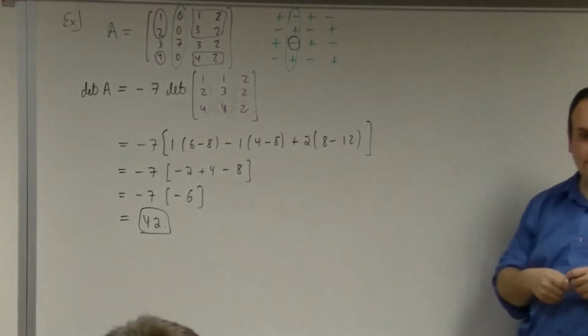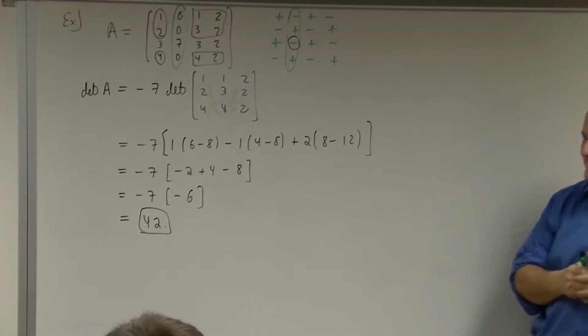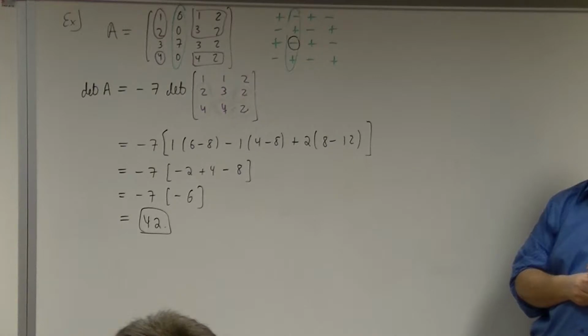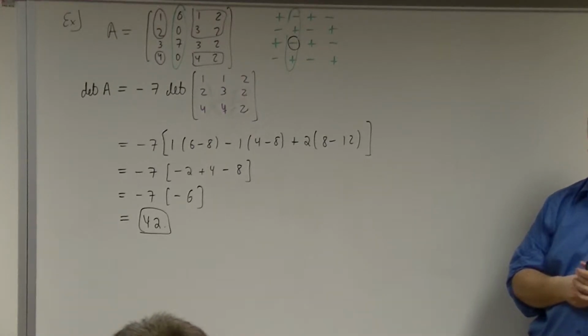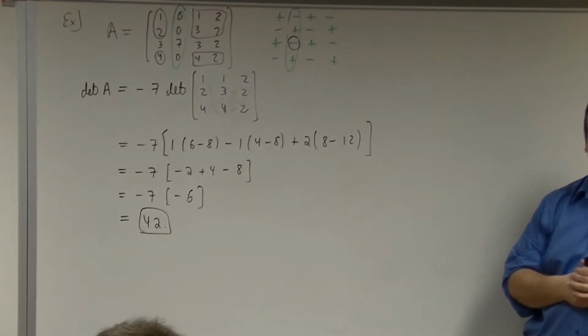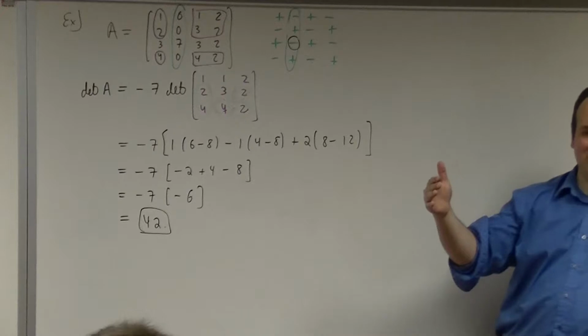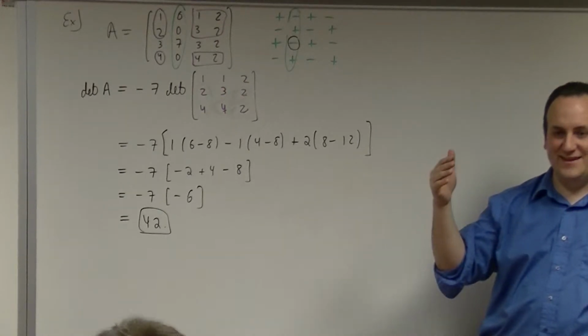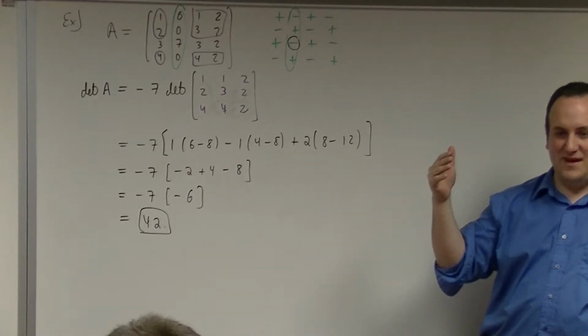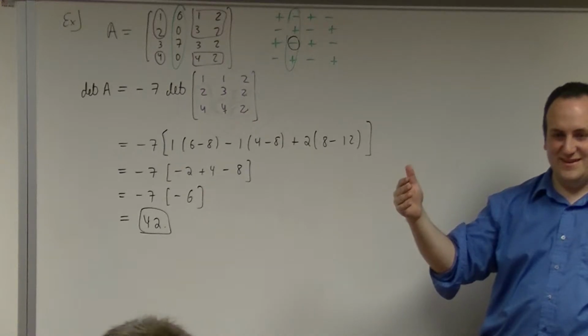So it's sort of like the chain rule then. You have a 4 by 4, and it goes down in dimension every time. It is kind of like a chain rule, yeah, it's iterative. To calculate the determinant of an n by n matrix, you have a cofactor expansion along a row or column that gives you n minus 1 determinants to calculate.